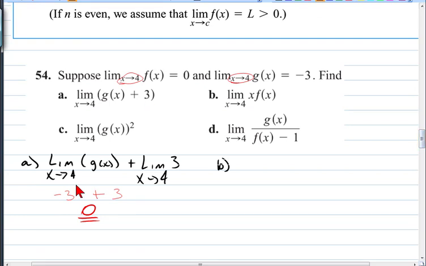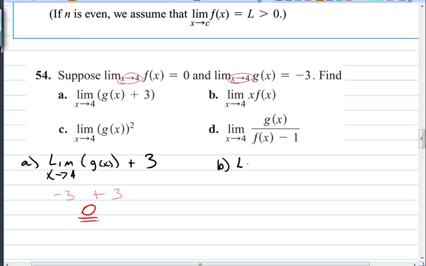So this is another way you can think about this. It's going to be this limit plus 3. I could have written this just like this, plus 3, because the limit of a constant is that constant. Does that make sense? If it makes more sense like this, I'm happy leaving it like that. But that doesn't help us with this one.